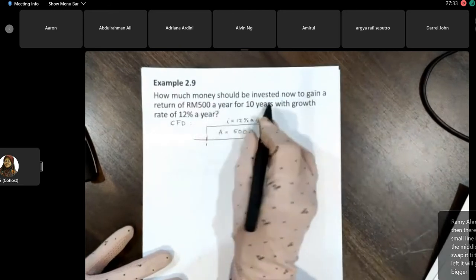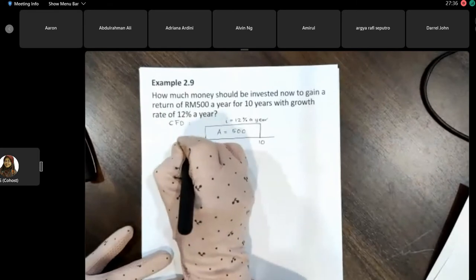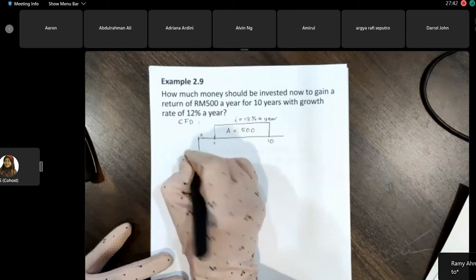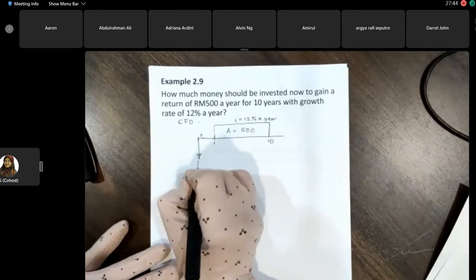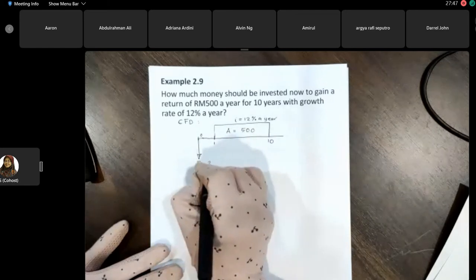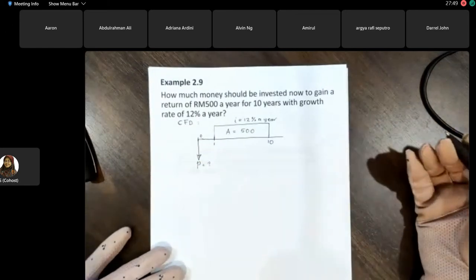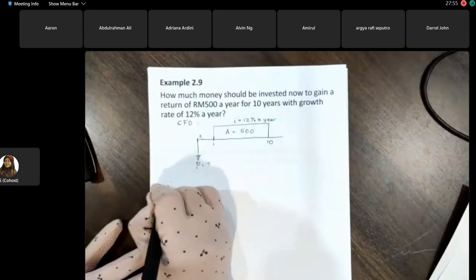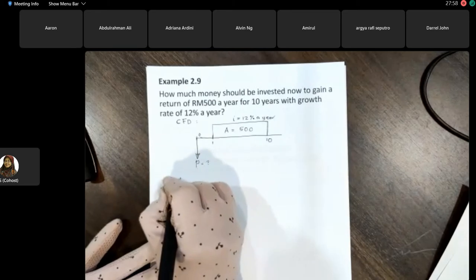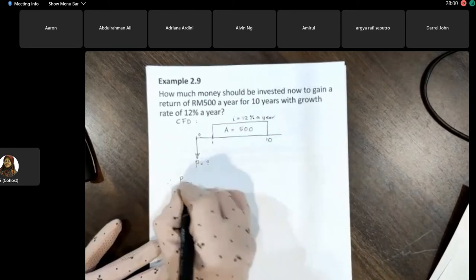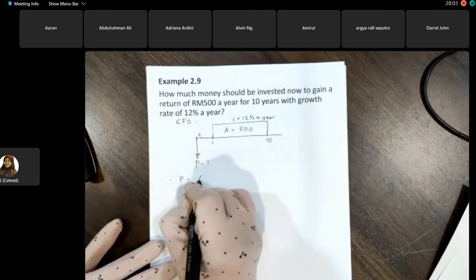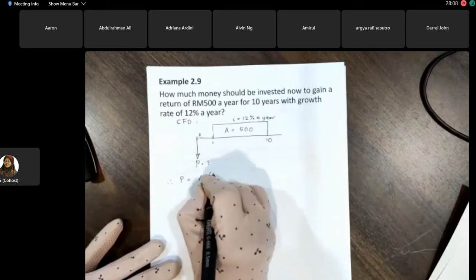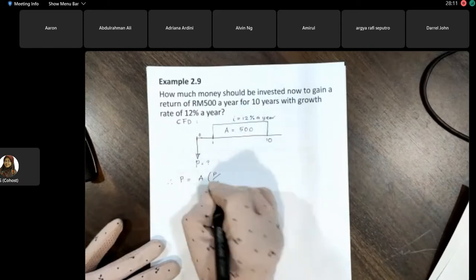So how much money should be invested now? So that means here now, and to gain a return of 500 ringgit, you want to find out what is the P value here. So that is the P. The first one you have to do is you want to find out P, and you have A. Then in the bracket, what is the formula? What is the factor?